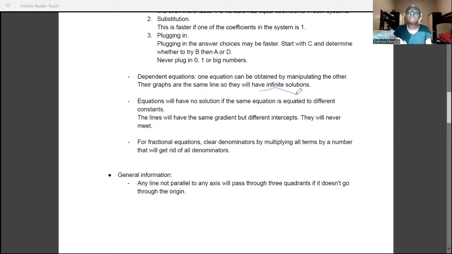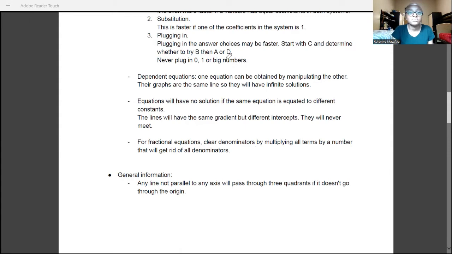So there are times when you'll be given a system and one of the coefficients will be unknown, and then you'll be asked, what value should b have if this system is to have infinite solutions? So you keep in mind that a system only has infinite solutions if it's the same line, meaning every single point on that line is the same.